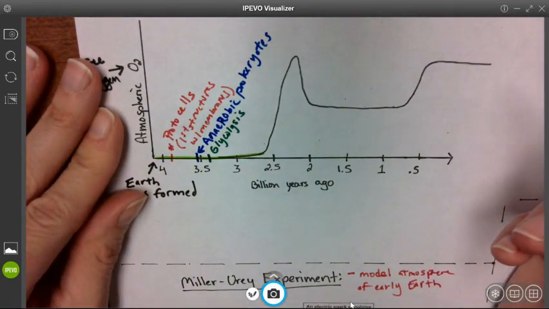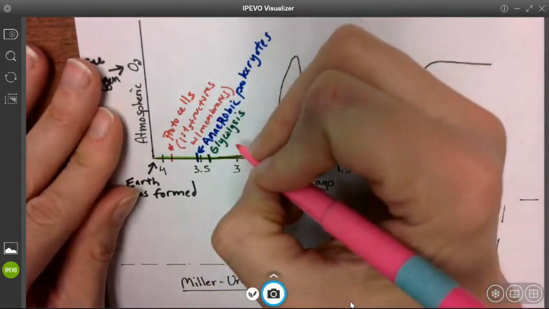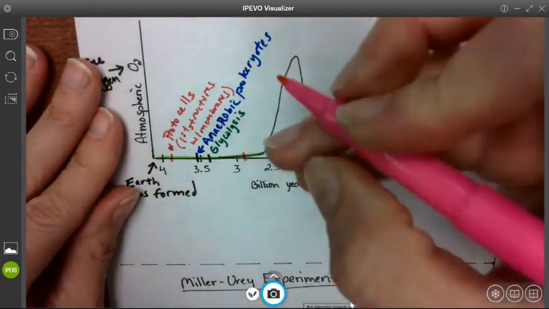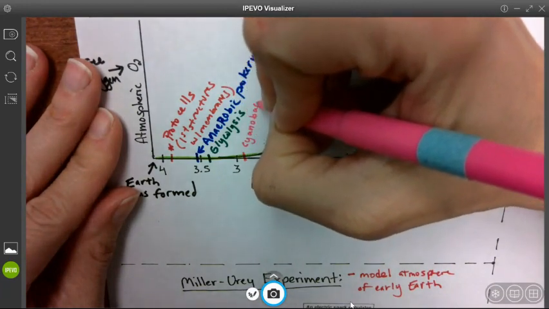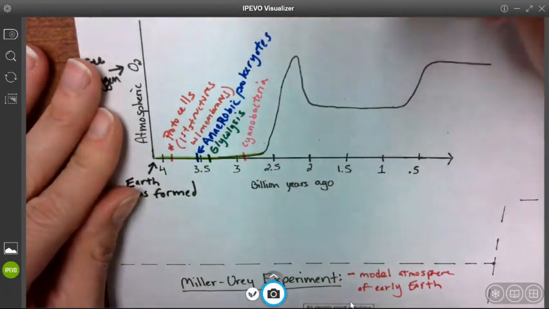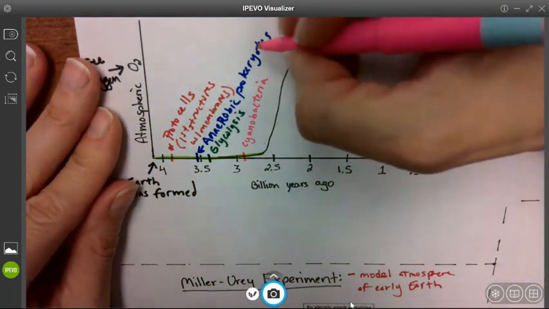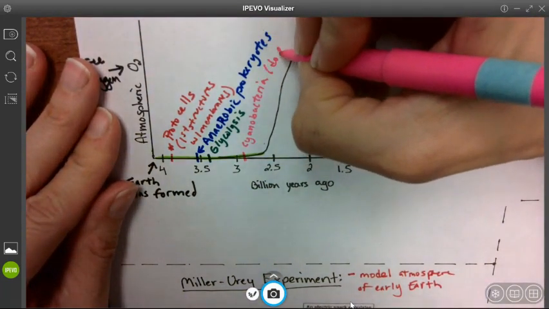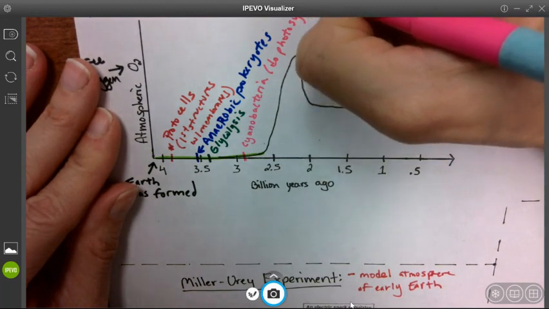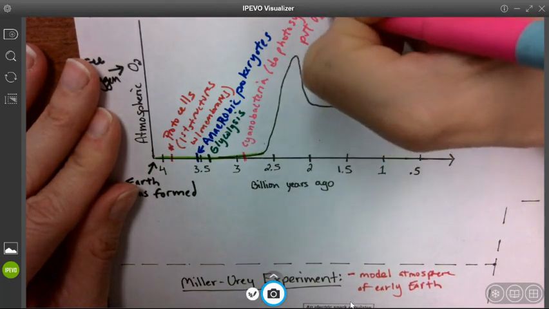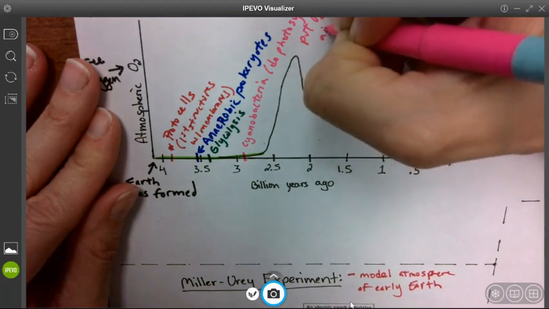Okay, so then scientists are looking and they find that about 2.8 billion years ago, 3 to 2.5 billion years ago, we have our first cyanobacteria. And these cyanobacteria do photosynthesis. So they put oxygen into the air.